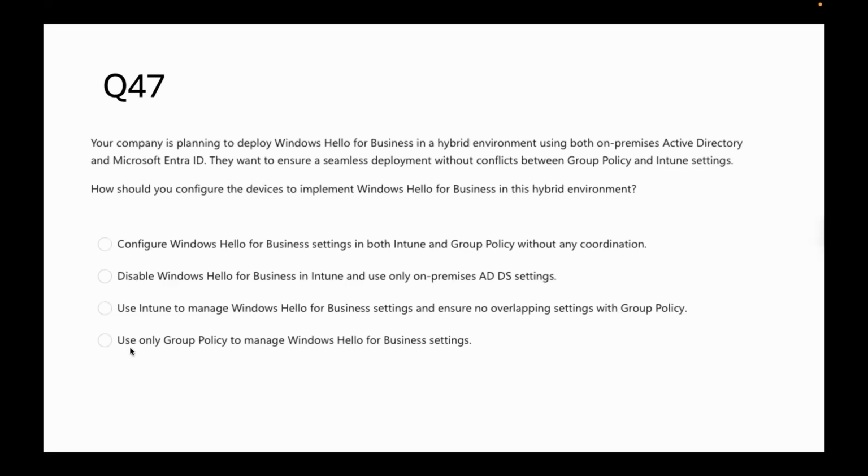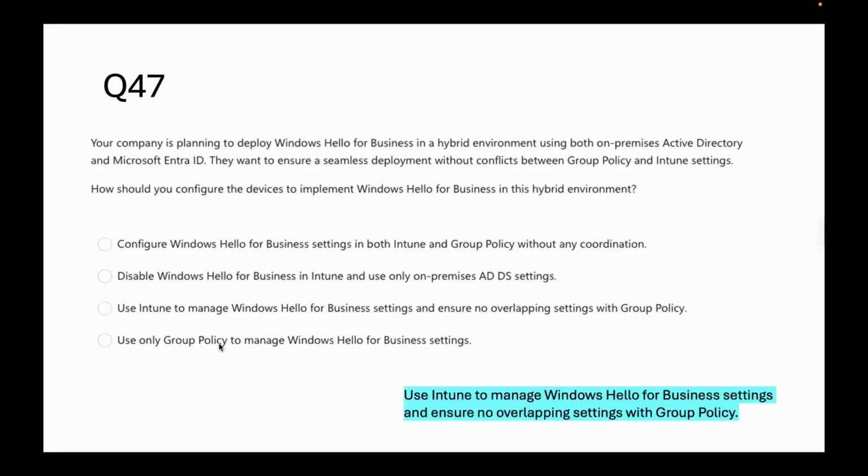And here if I see the fourth option, use only group policy to manage Windows Hello for Business setting. No, definitely not, because if I'm managing it through the group policy only, that will not make sense, because again, it's a hybrid environment. So I think C is going to be the right answer. Yep. So C is going to be the right answer.